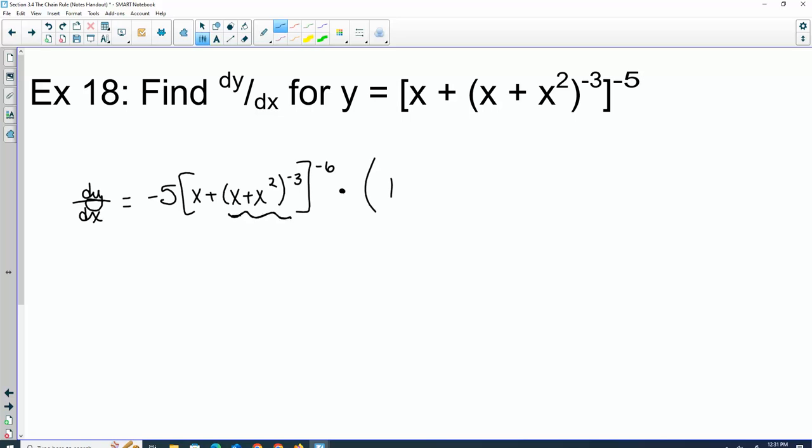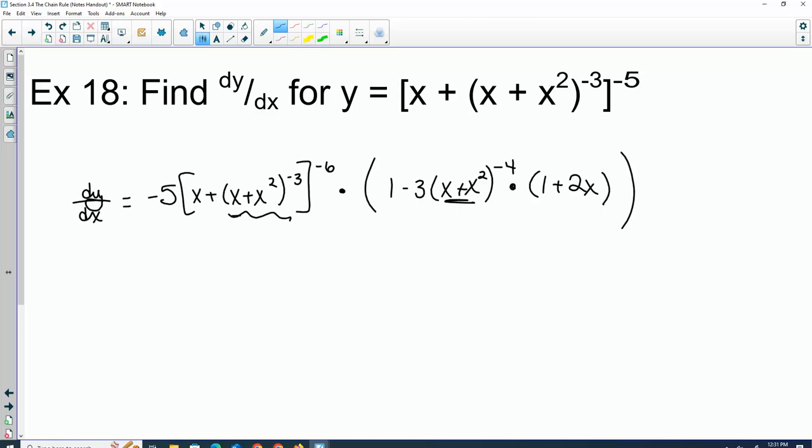What would happen? -3. Inside stays the same. Subtract 1 from the power, -4, times derivative of the inside, 1 plus 2x. Whoa. That one's beautiful.